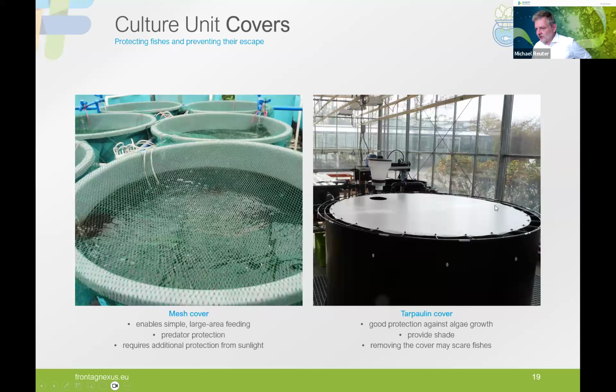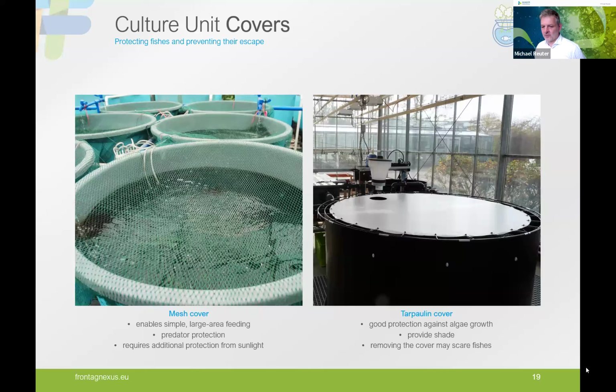And another alternative would be a cover that is opaque in itself, like the tarpaulin cover again, that we see on the other photograph, that's providing shade at the same time as it protects the fishes from jumping out of the fish tank and also from predators.